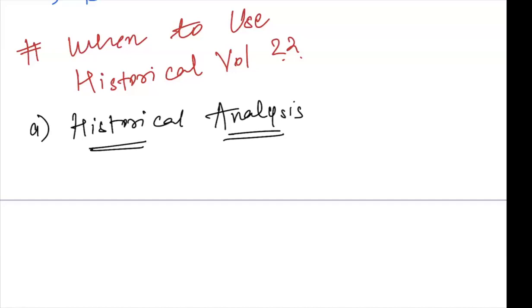What it means is when you are performing an analysis based on the past price movement, or when you are backtesting any trading strategies or building any risk management models, that's where you'll use historical analysis.